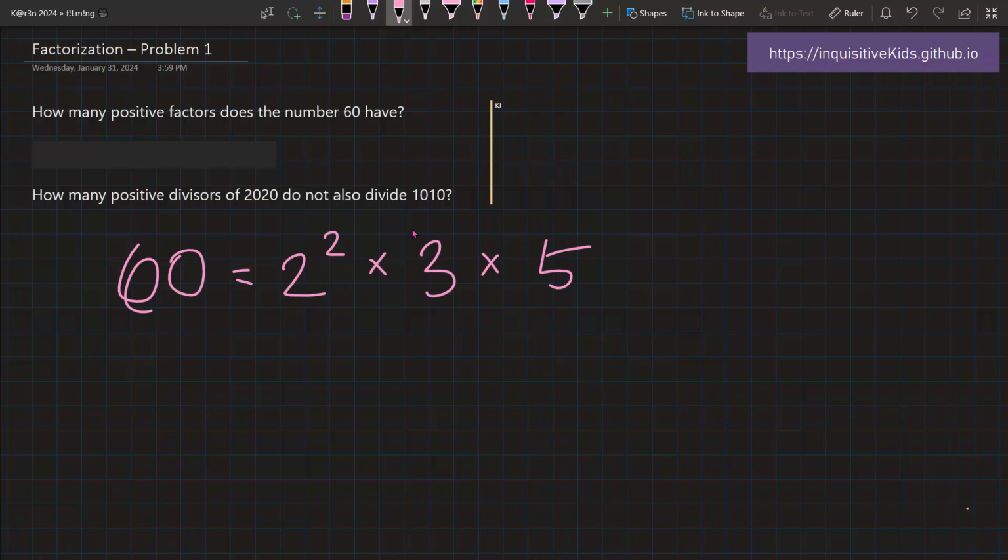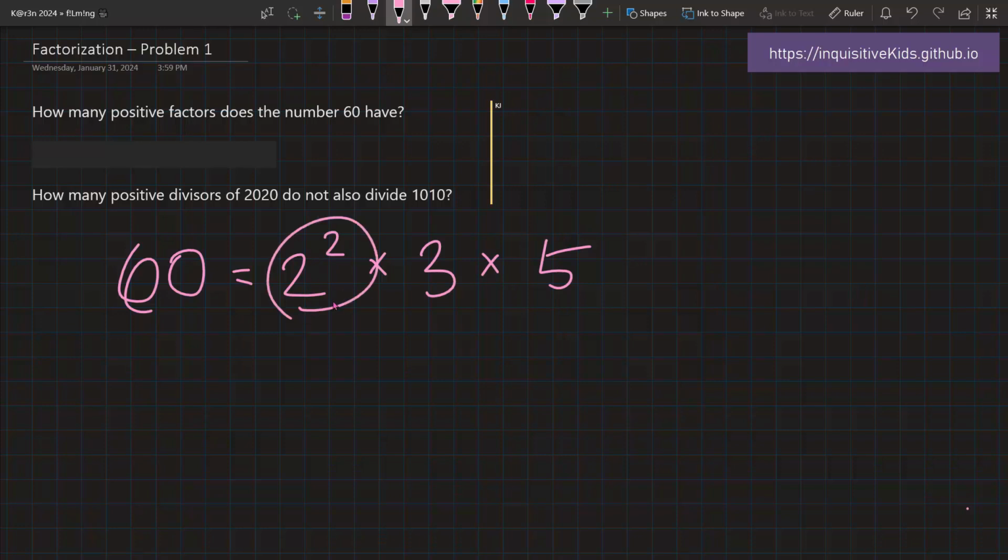So if we're looking at the different factors that the number 60 has, it could be any combination of these main prime factors, a 2, a 3, or a 5. It could be any combination of these numbers or only one of these numbers. So we do this by looking at their powers.